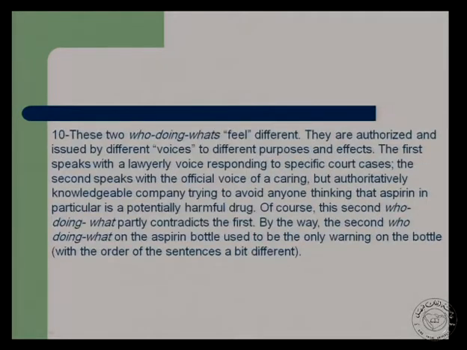These two who doing what feel different. They are authorized and issued by different voices. Different voices means different people, different or through different social languages. Different who's. Different voices means different ways, different people, different purposes and effects.